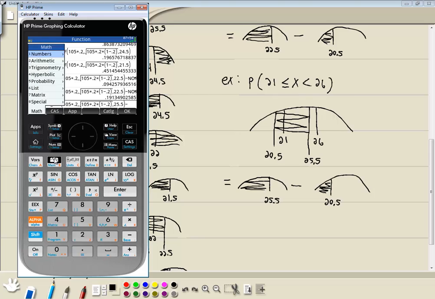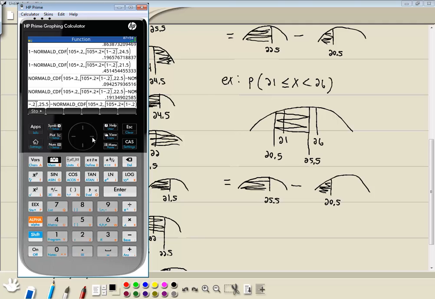So do my toolbox, choose 5 for probability, choose 6 for cumulative, choose 1 for normal, n times p, so I got 105 times 0.2, comma, square root, so we'll do shift x squared, n, which is 105, times p, which is 0.2, times, and then inside of parentheses, 1 minus p, so 1 minus 0.2.